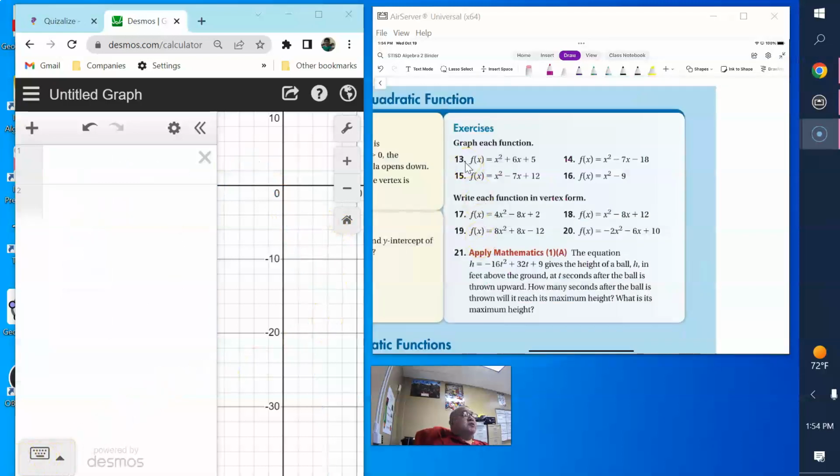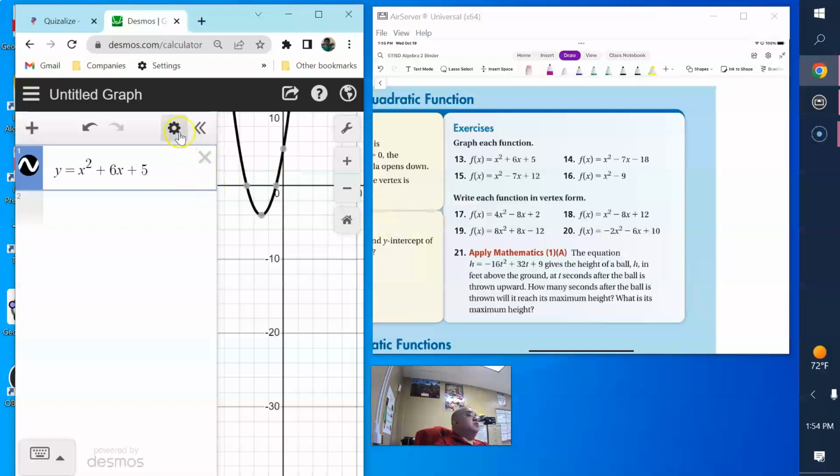For problems 13, 14, 15, and 16, all I want you to do is just graph this using Desmos. So we have y equals x squared plus 6x plus 5. Go ahead and create a table.